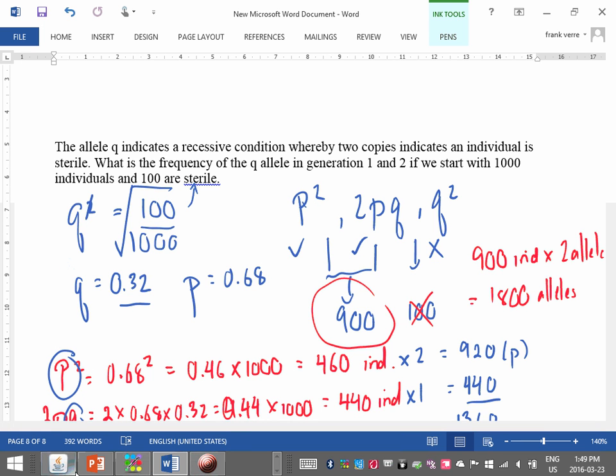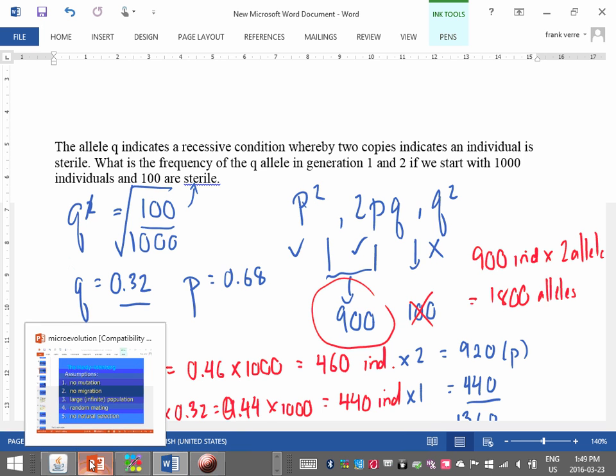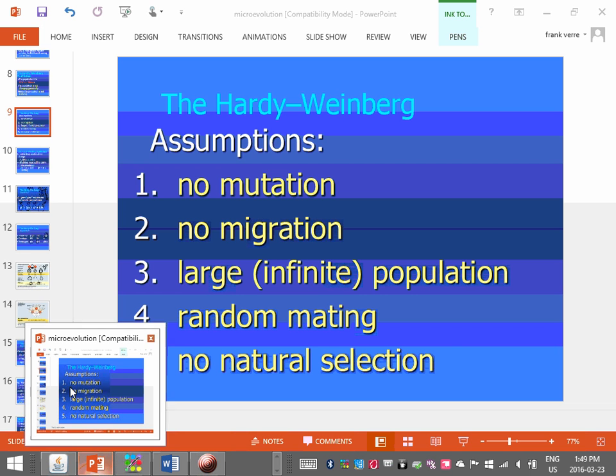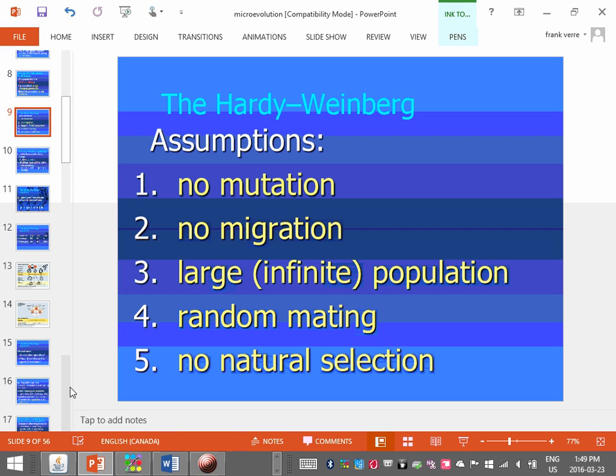Because if something is in equilibrium, the math would say that this is the P allele in this generation, and it should be the same in every generation. If something's in equilibrium, it means it doesn't what? Doesn't change. But you just saw there that it did change. It went from a p-value to a higher p-value, and the q-value went down. So if it's changing, we have to think about why it's changing.